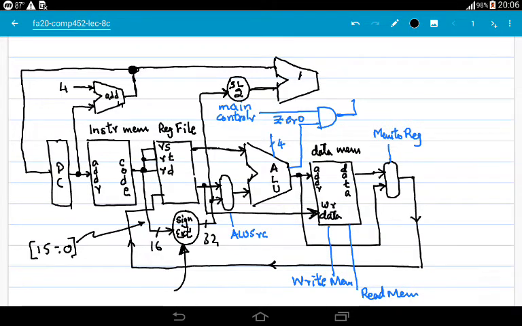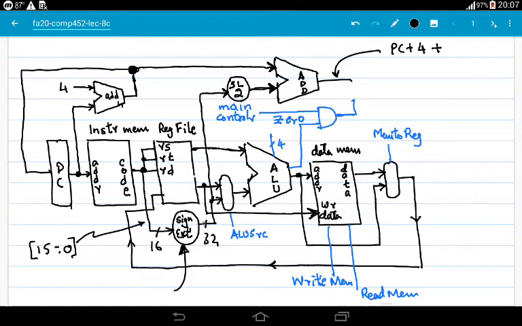Now this output is PC plus 4 plus this number, which we obtained by shifting left by 2 bits the output of the sign extender.